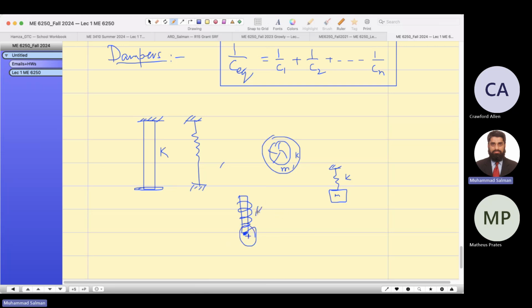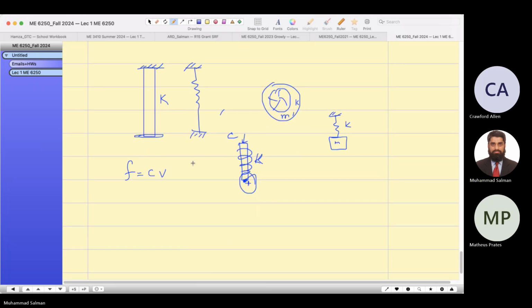This is the stiffness of the spring, and these are the dampers. So the force due to the damper is C times V. C is the damping coefficient and V is the velocity. Sometimes we also write V as x dot, so you should not get confused whether x dot or V is the velocity. It doesn't matter.